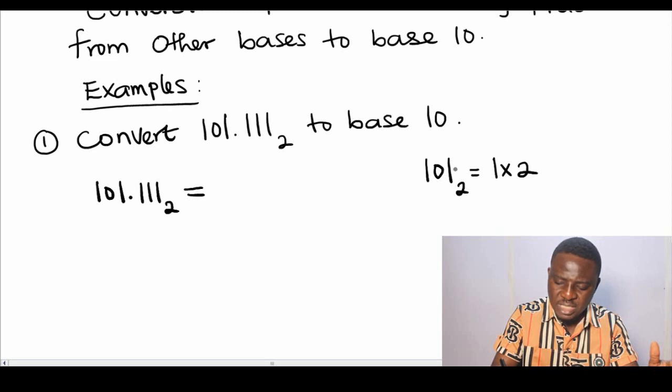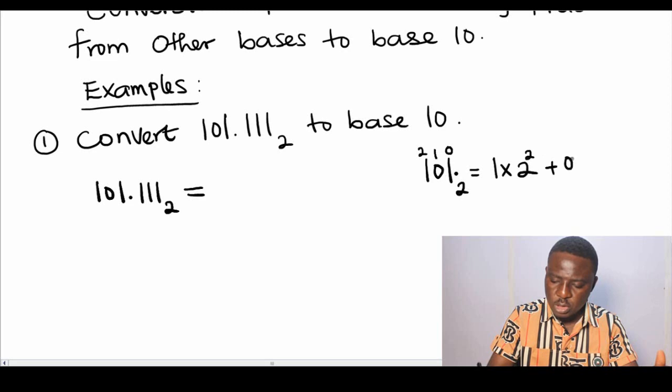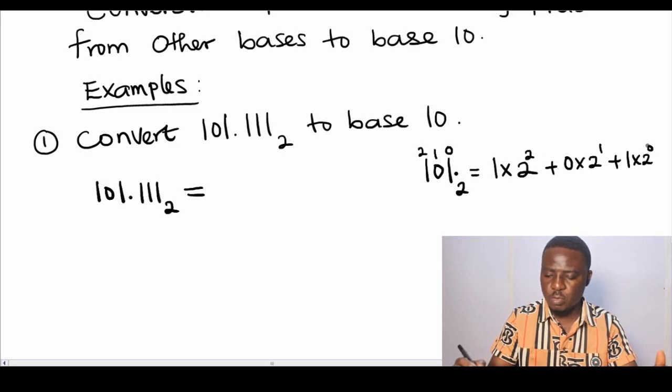The first digit to the left before the decimal point takes place value 0, the next place value 1 and the next 2, such that you multiply 1 times 2 raised to the power of 2, plus 0 times 2 raised to the power of 1, plus 1 times 2 raised to the power of 0.